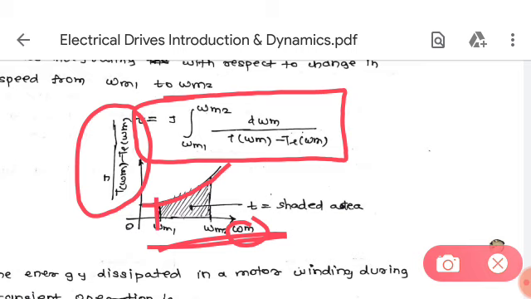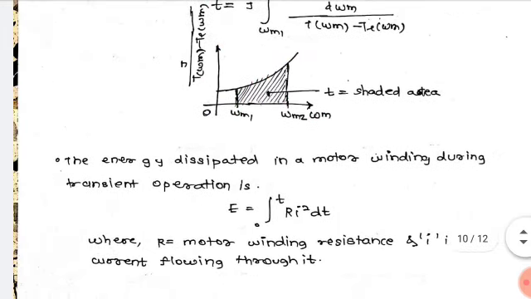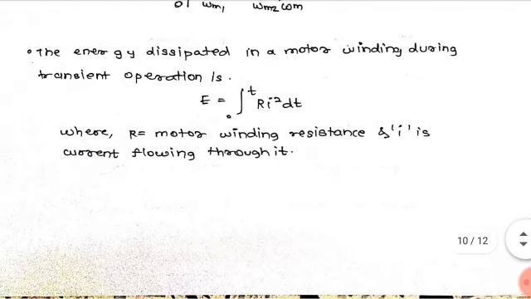Just take the initial speed and 95% of the final speed and measure the shaded area. The shaded area is nothing but the time, meaning the integration. So the time required for the transient can be calculated, as well as the energy dissipated in the motor winding during transient operation can also be calculated from this time.